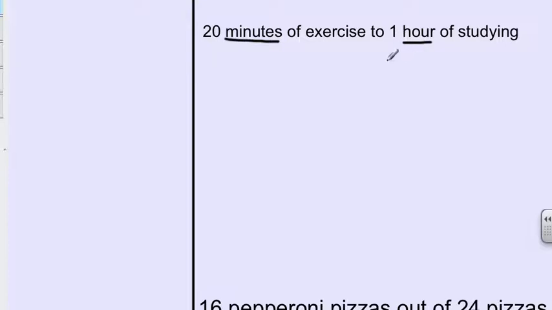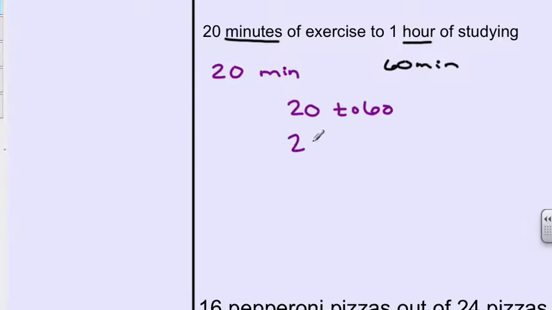I know that 1 hour is the same as 60 minutes. So now I have 60 minutes of studying and 20 minutes of exercise. So to compare the two, I'm going to write it in 3 ways. 20 to 60, 20 colon 60, and as a fraction, 20 over 60.